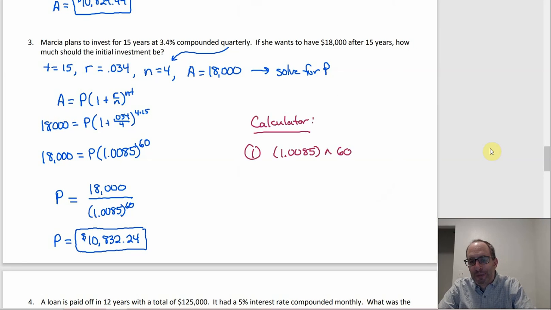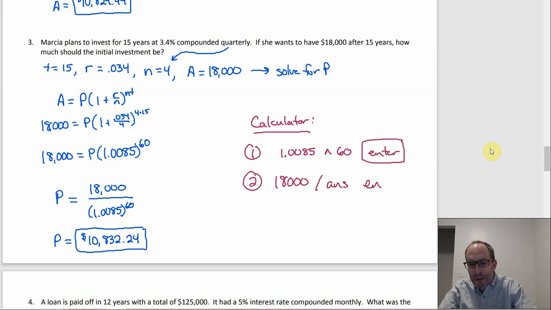So I should get rid of them. You wouldn't put them into the calculator. They're kind of redundant. But you would do that. And then what you would do after that, I guess, is you would have 18,000 divided by the answer from the previous line. So if you're going to do it step by step, I think this is how you would do it.